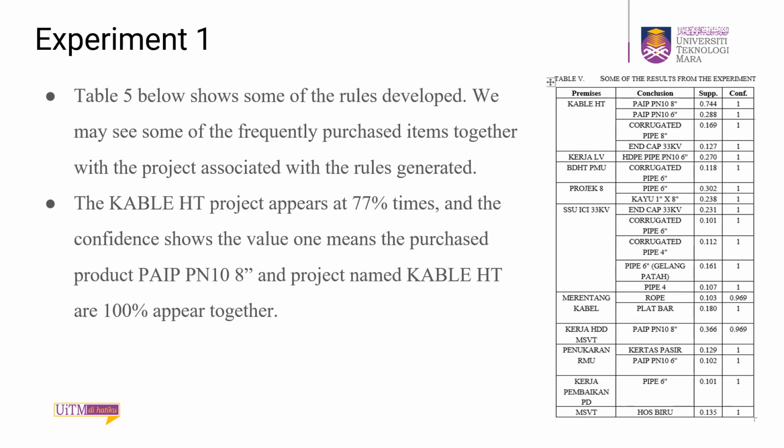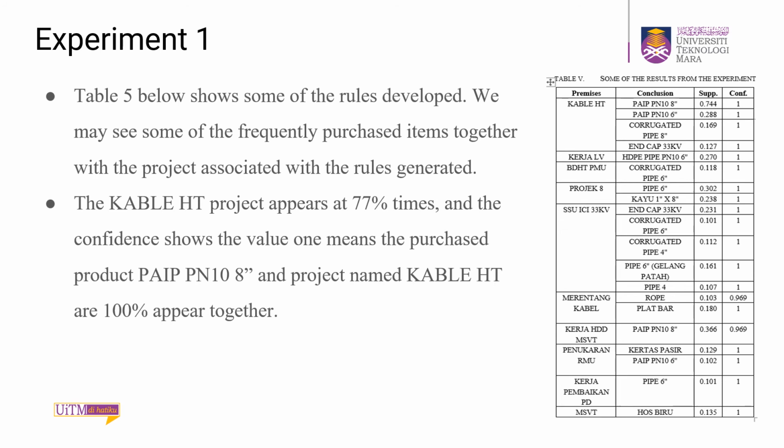We can see that the most prominent rules generated are for the cable HD project. It appears 77% of the time, and the confidence shows the value one, which means the purchased product pipe PN10 8-inch and the project name cable HT appear together 100% of the time.